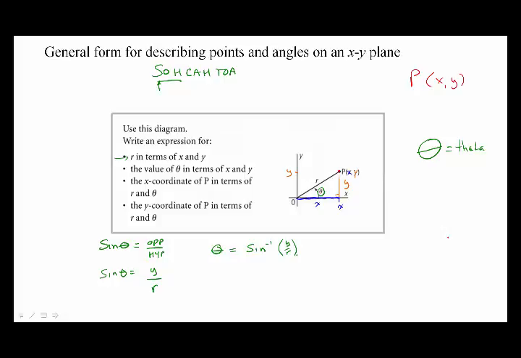Well, to do the last one, we have to make an assumption. And the assumption that I'm going to make is r equals 1. When r equals 1, we have a unit circle.